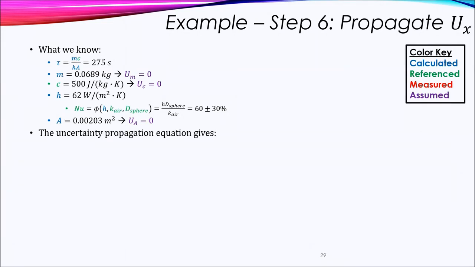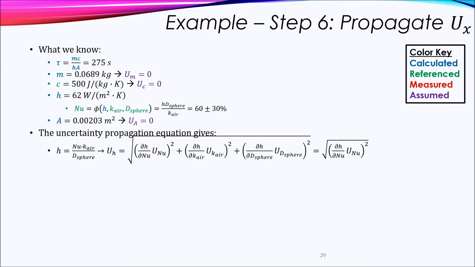Now, the uncertainty propagation in its general form for h gives us this, where the equation for h takes the form of the Nusselt number multiplied by the thermal conductivity of air divided by the diameter of the sphere.